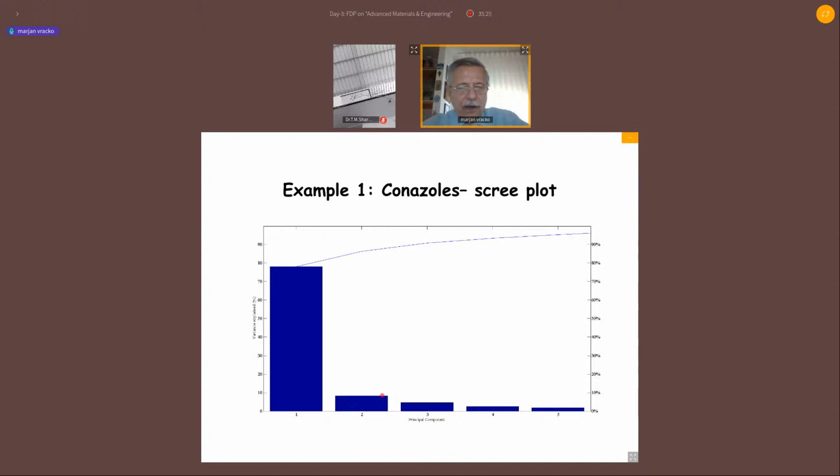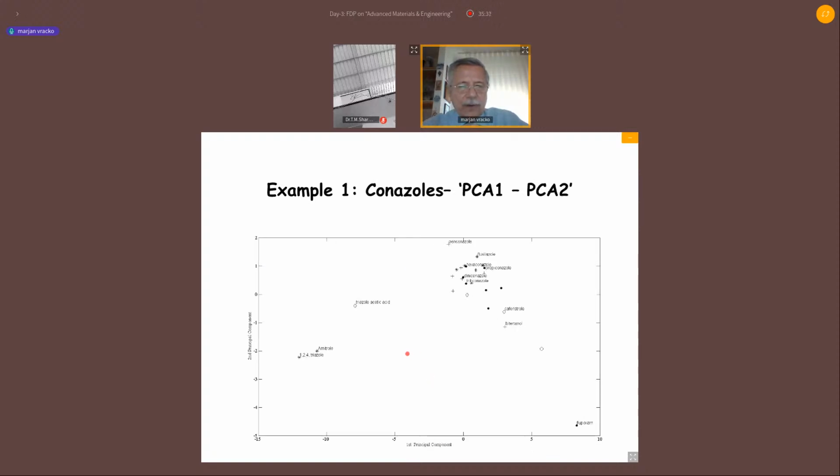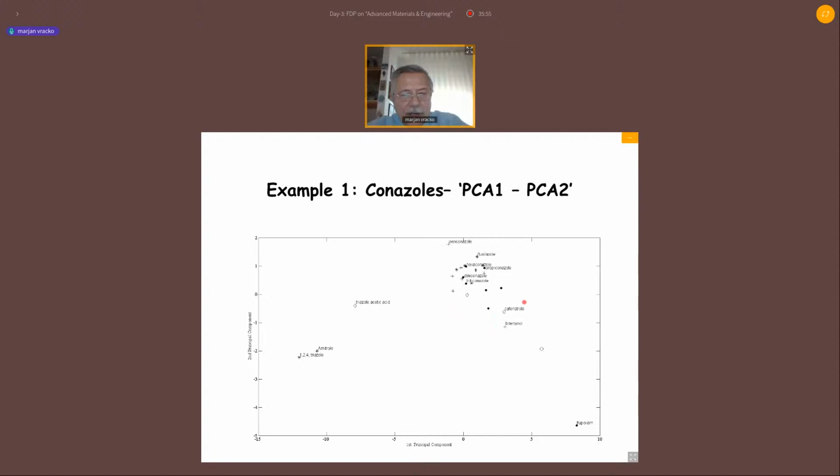I can neglect the other 7 axes and describe our conazoles in the space of 2 or 3 dimensions. It's not very good to see, but we can see some kind of clustering here, and these labels indicate different levels of official classification of those compounds.